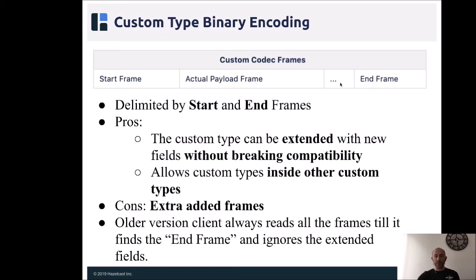An old client will read up to that frame and skip the rest until the end frame. This allows compatible working of the old and new clients. And this also gives us an opportunity to design a custom message inside another custom message. Each are delimited by start and end frames.